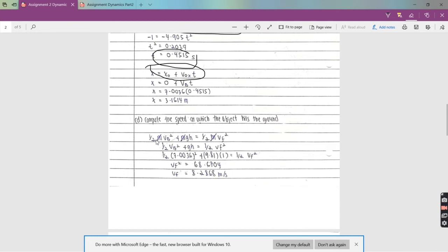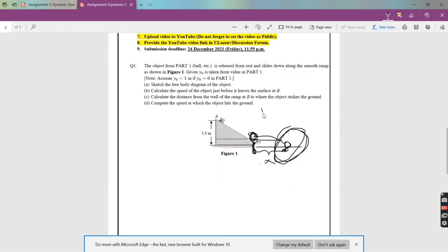From here we have the formula for kinetic energy: half m v initial squared plus mgh equal to half m v final squared. Since the mass is the same, we can cancel this out, and v initial we can replace with VB.